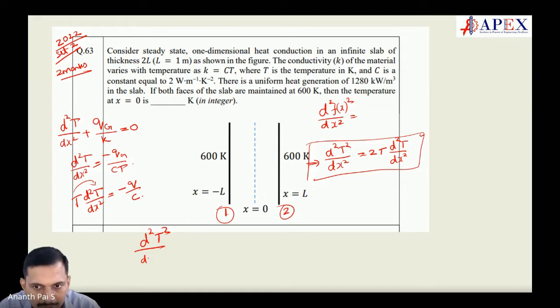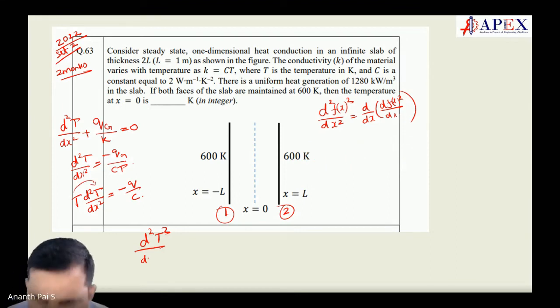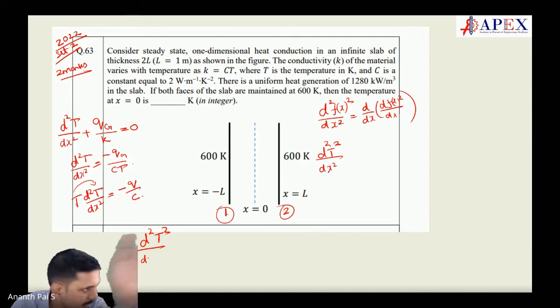Okay, right. Let me write it. D of dx of, oh, correct. And that's a mistake. Okay. So what you get if you write d square t square by dx square. Wait a minute. So the next one is wrong. Okay.